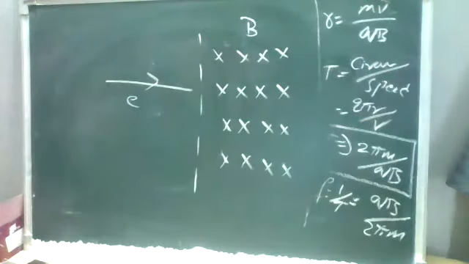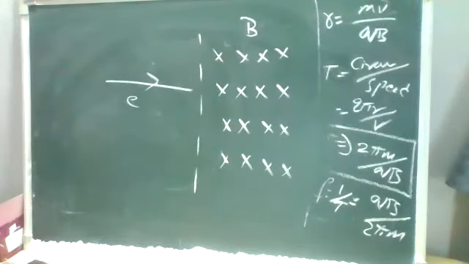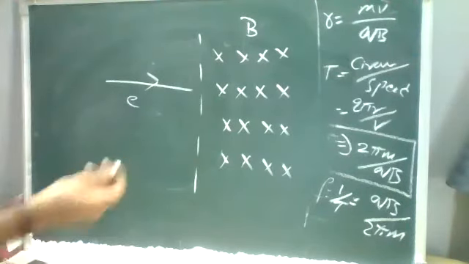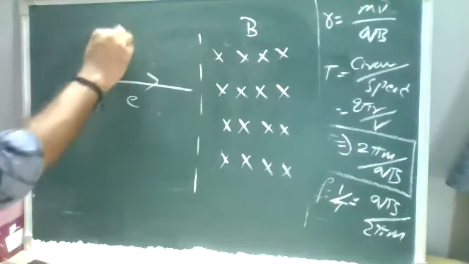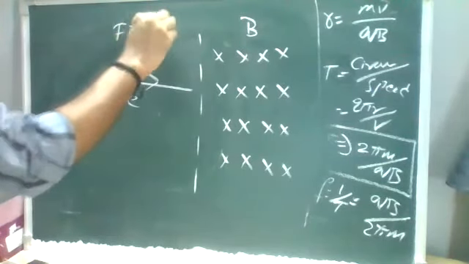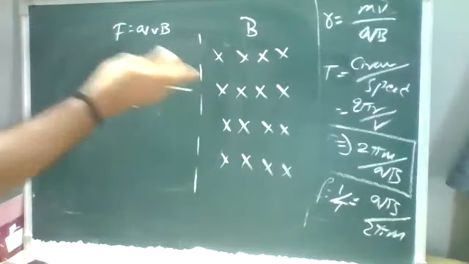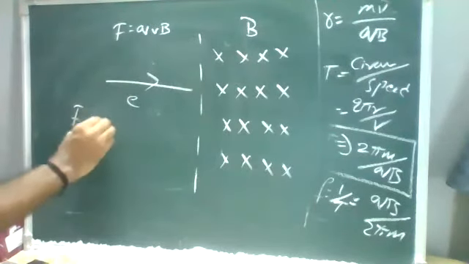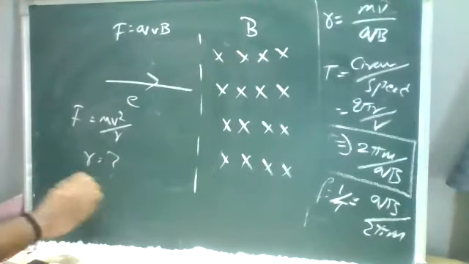Take this picture, first find the radius, then find the time period. There are two forces. When it enters, there is a force F is equal to QVB, and it creates its own circular orbit when the charge enters the field. So F is equal to mv square by r. First find the radius and then the time period.